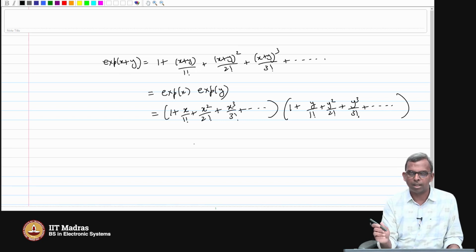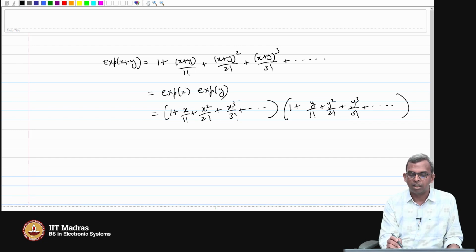That's actually true, you can prove it. But if you multiply like that, it's not at all clear how this x plus y is going to show up here, isn't it? So you notice here 1 plus x, you only have x, and it's not very clear that x plus y is going to show up. Maybe if you see the sums and group them together, you may notice something, but still this needs to be proved. It's not an obvious result.